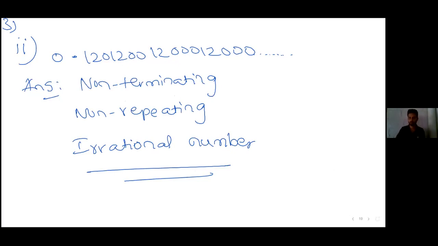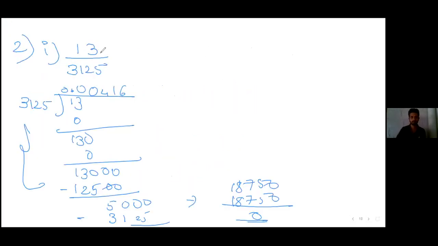Also, one more last numerical, that is 43.123456789 with a bar, and here this means it is repeating.